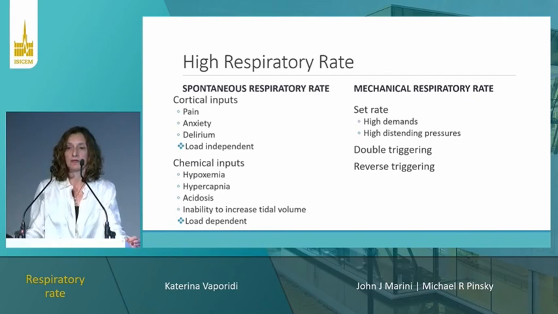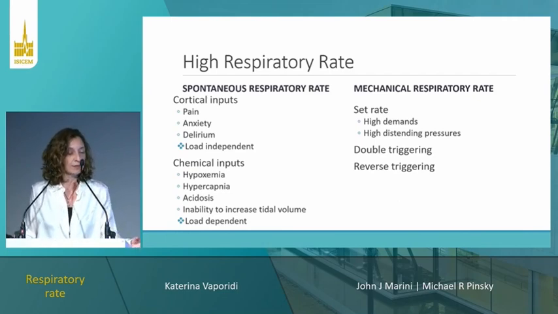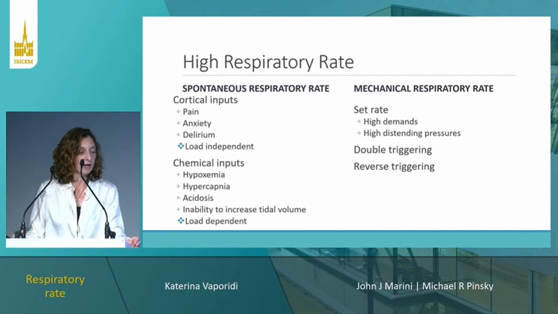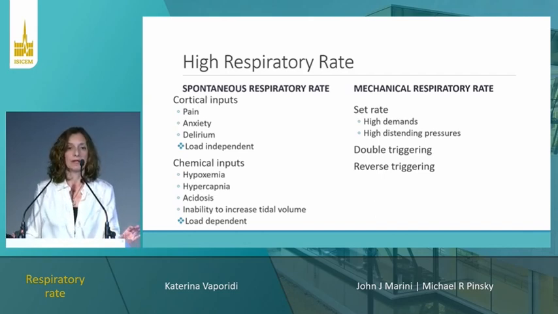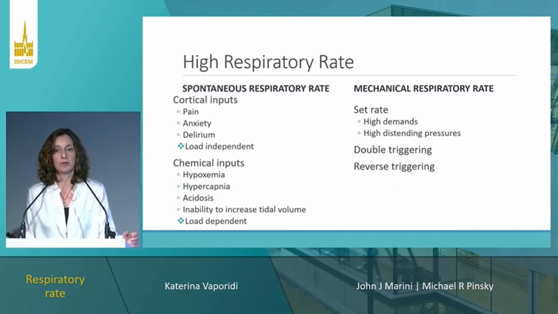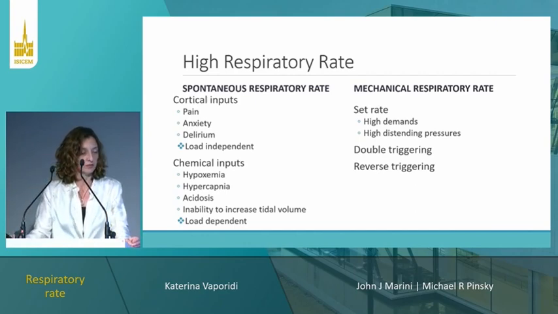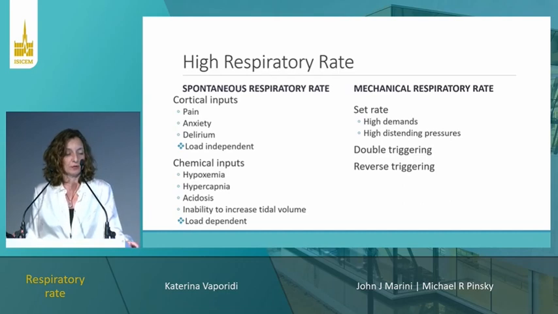Then a patient may exhibit a high respiratory rate because of chemical inputs, hypoxemia, hypercapnia, acidosis, combined with inability to increase tidal volume. This is a prerequisite. This is what we call a load-dependent high respiratory rate, because it will decrease if you provide further assist with the ventilation.